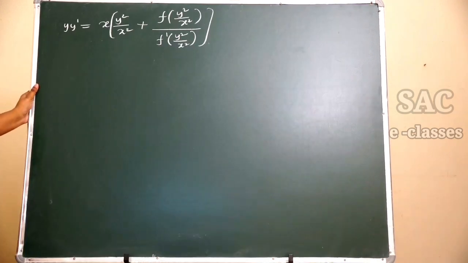Now find the solution of y dash is equal to x by y into y square by x square plus f of y square by x square by f dash of y square by x square.